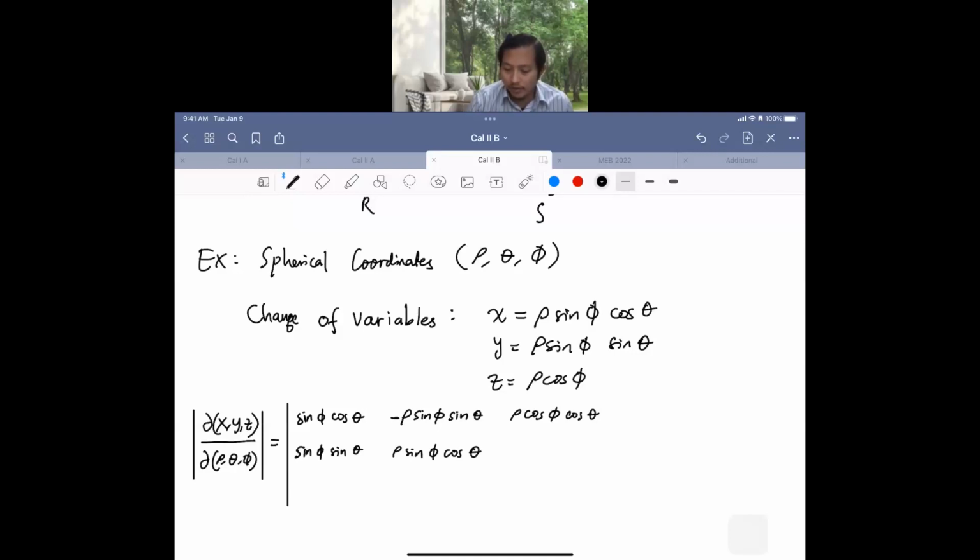And the last one, we derive the sine psi, so ρ cos psi and sine theta. Now the z, we have cosine psi, and then we don't have theta, so it will be 0. And this will be negative ρ sine psi.